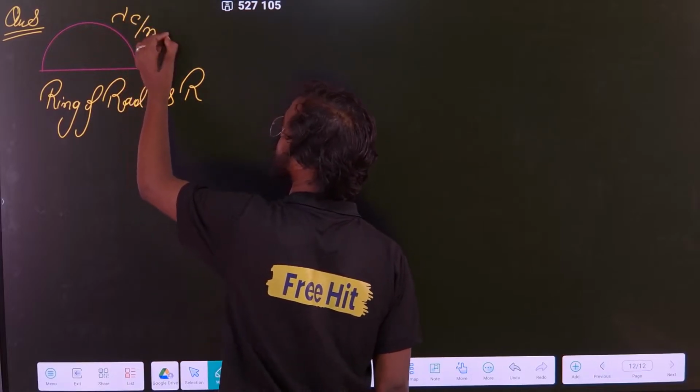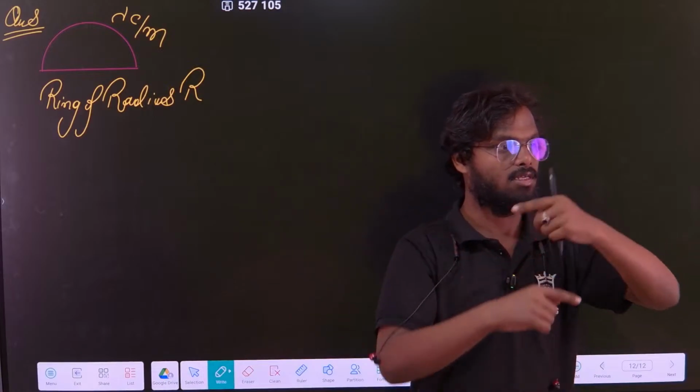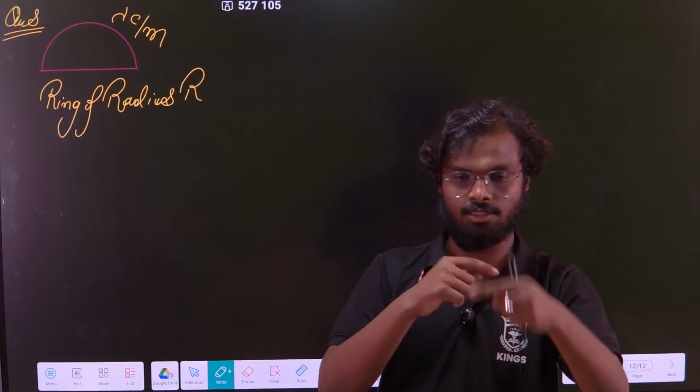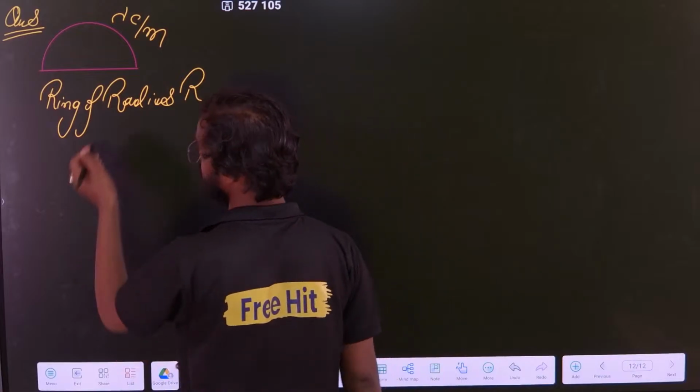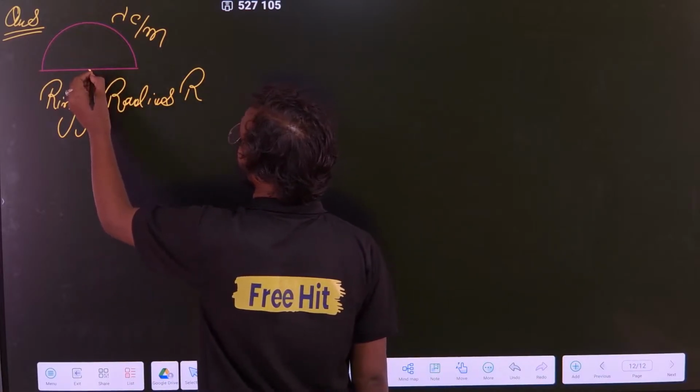Why? Because it is a ring, so charge will be present only on the length. Now suppose a point charge is kept at the center.